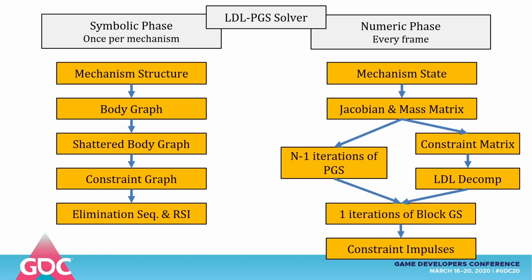The numeric phase takes the current state of the mechanism and executes the PGS solver in parallel with the LDL decomposition of the constraint matrix. Then, after joining the 2 threads, it executes one step of the block Gaussian using the LDL decomposed matrix to correct the constraint impulses.